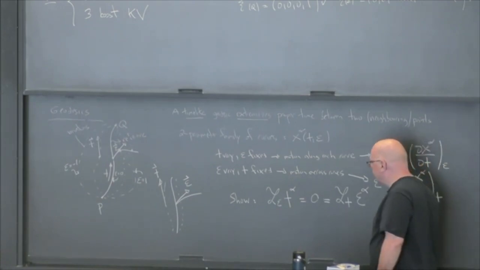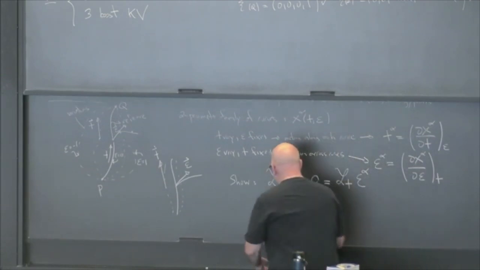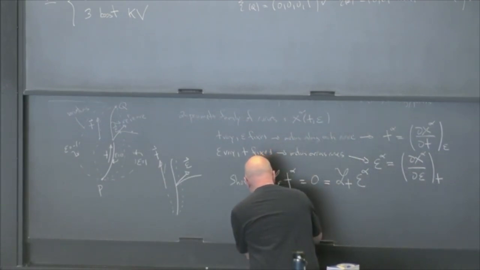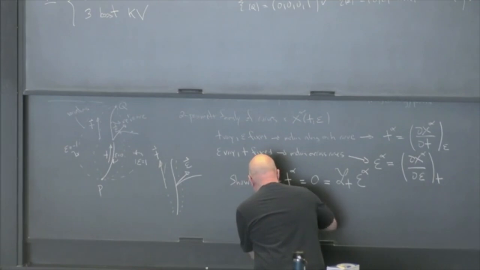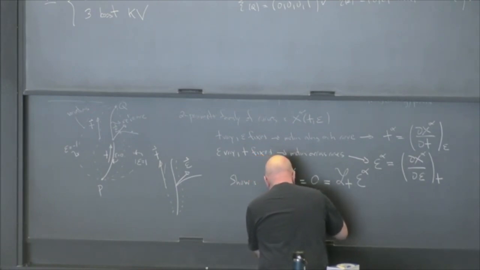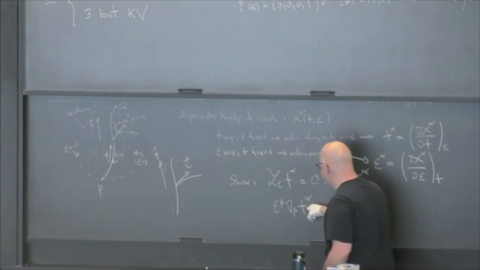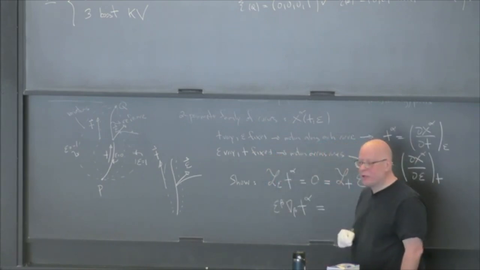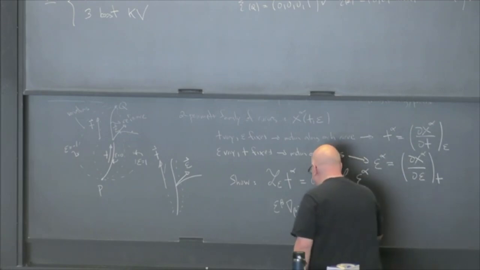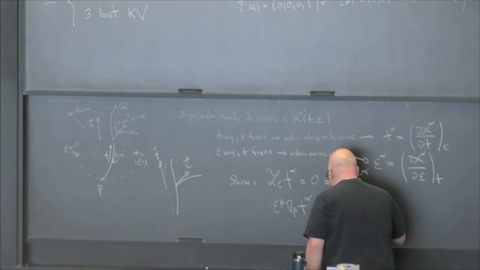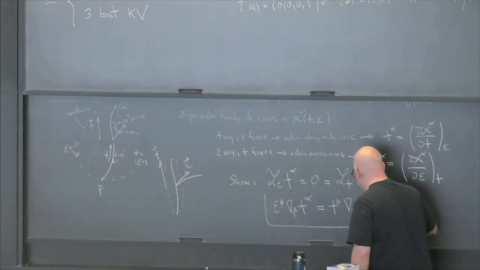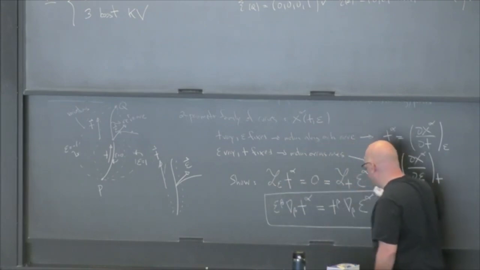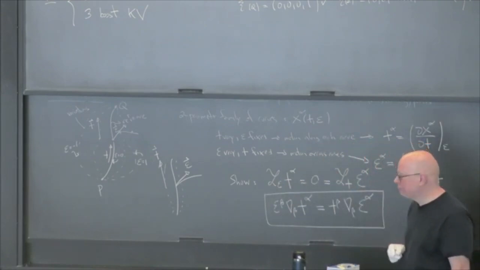I want to show this, and as a consequence, we'll have that this derivative, namely t covariantly differentiated in the direction of epsilon, is equal to the t derivative of the vector epsilon. That's the property that I'm going to use in my variational calculation.